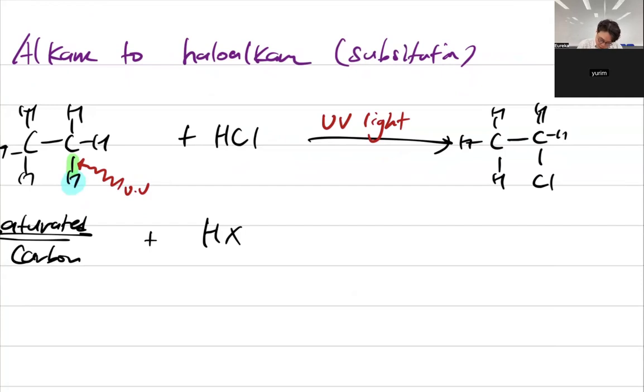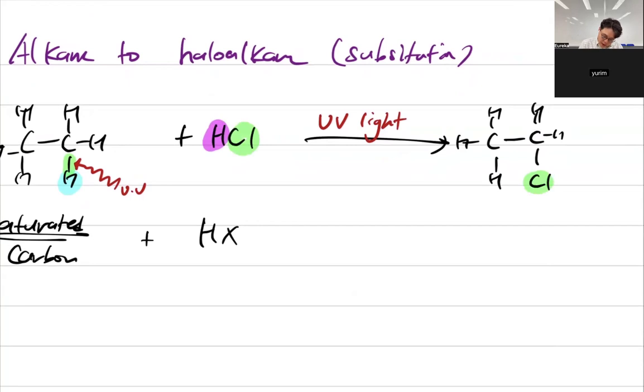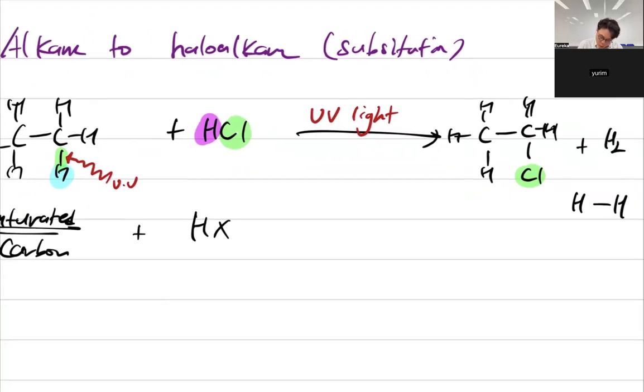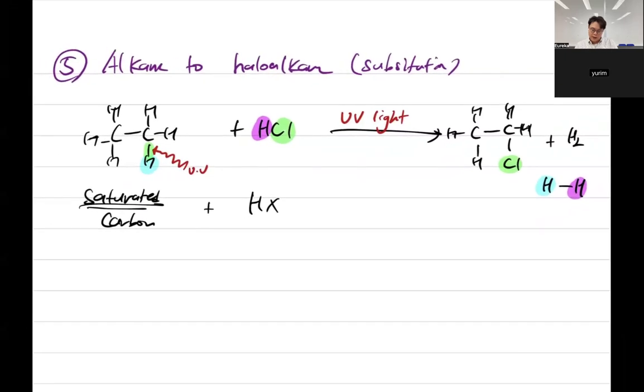This hydrogen and that hydrogen, and this chlorine and that chlorine are now attached. So what happened now? We get a byproduct, H2, produced. One hydrogen is from the hydrochloric acid, and the other hydrogen is from the broken part.